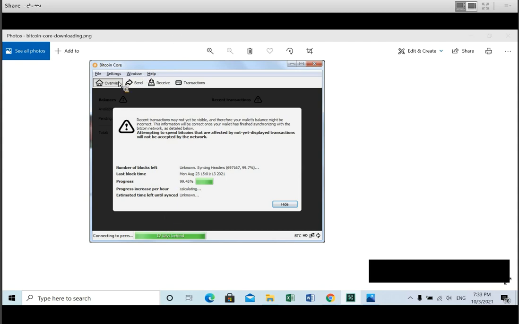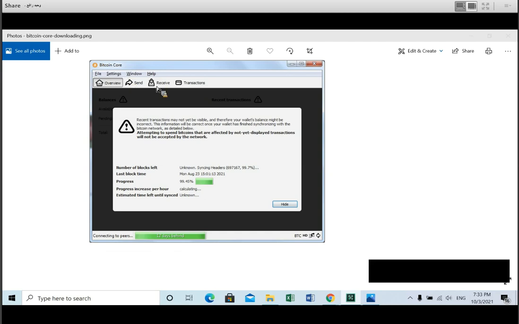And when downloaded, I think in the settings, you can create an address for yourself just by clicking a button, okay? And also you can send or receive Bitcoin.